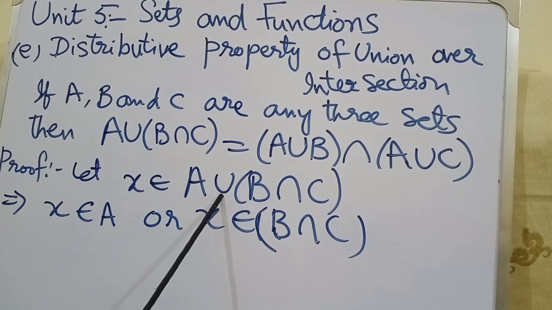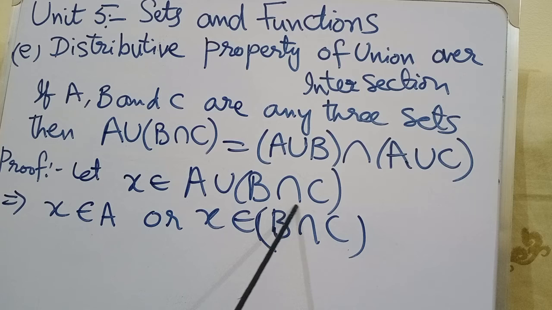Union means it may be an element of A or an element of B intersection C or an element of both. Now let us consider both possibilities separately.